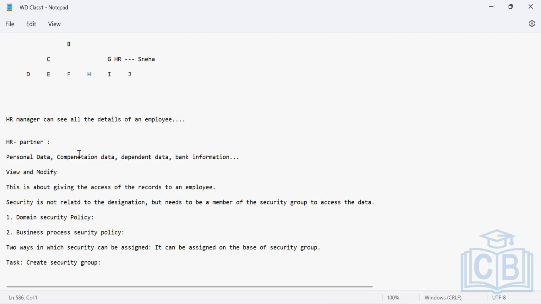If you give modify permission, all the permissions are given. So modify is a very, very powerful permission. If you're giving somebody a modify permission, it means he or she has all the permissions. Does that make sense?